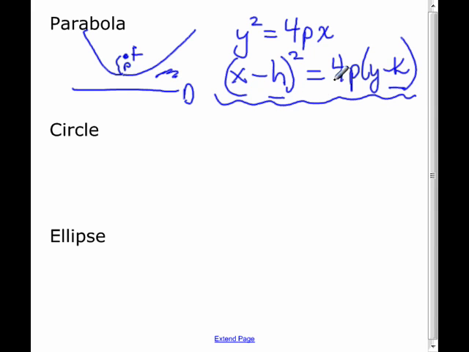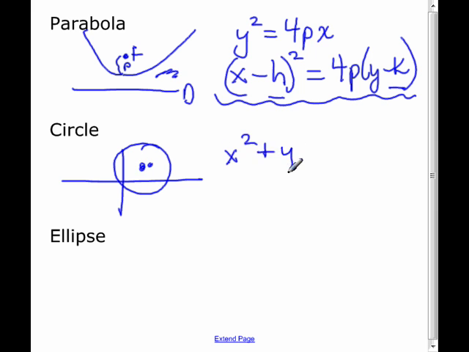We looked at a graph, made an equation, got an equation, manipulated it, maybe if we had to, made it look like the graph, or got characteristics of it. A circle is the set of all points that are the same distance away from a fixed middle point. And the equation of that, if it's centered on the origin, would look something like x squared plus y squared is equal to r squared.